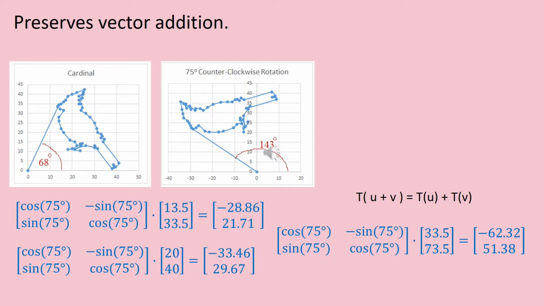Look back at the images of the two original points, and if you add negative 28.86 to negative 33.46, you obtain negative 62.32. And if you add 21.71 to 29.67, you get 51.38. So by looking at a couple of points, we can see that preserving vector addition is satisfied. T of u plus v is equal to T of u added to T of v.